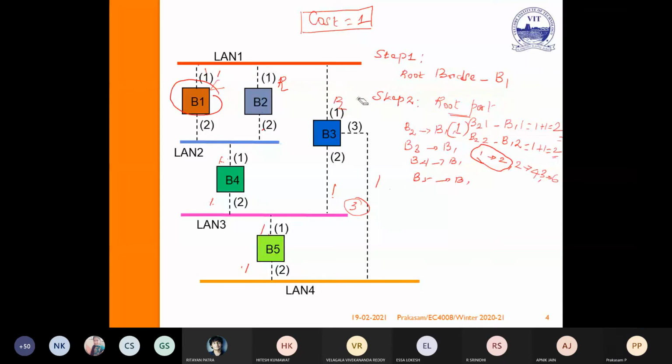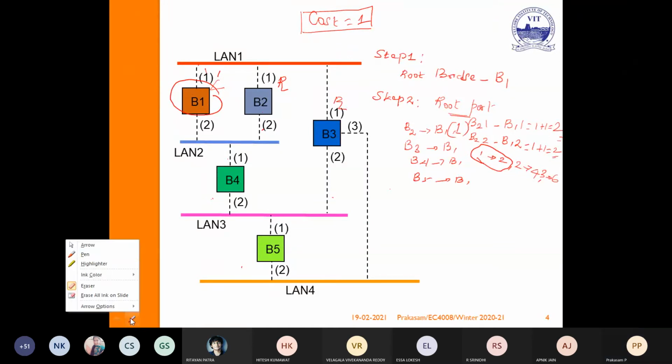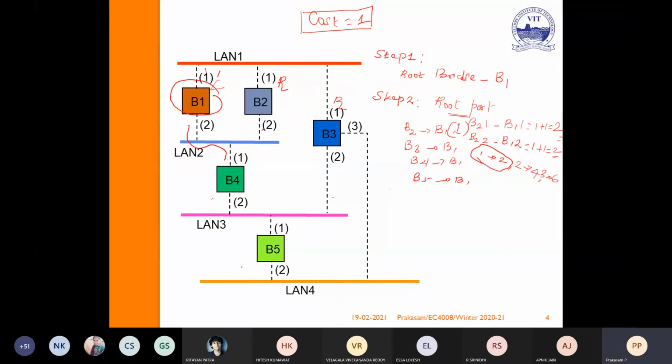Okay. So next we are going to bridge 4. From B4 to B1 you can go in this direction, or in this direction, or in this direction. Let us consider this is path 1, path 2, path 3.